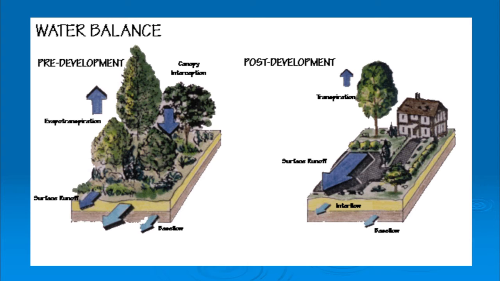So instead of that water going into the ground and recharging our aquifers and our well systems, it's running off, it's picking up all the sources of pollution, and it's going directly into the stream. And unfortunately, it's usually in high quantities, which equal high velocities, which are causing excess erosion.